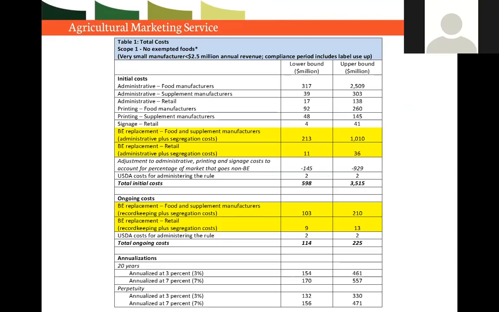The extra cost to farmers of supplying non-BE commodities and crops include the cost of sourcing non-BE seeds, avoiding cross-contamination with BE varieties during planting, harvesting, and transporting, driving to an elevator or a handler that is farther away from the nearest bulk elevator, and foregoing the benefits of BE production.